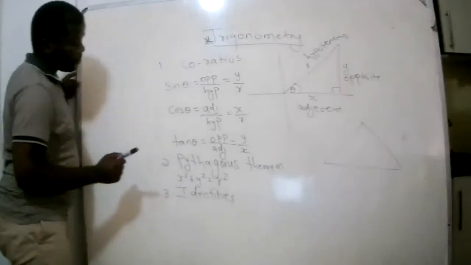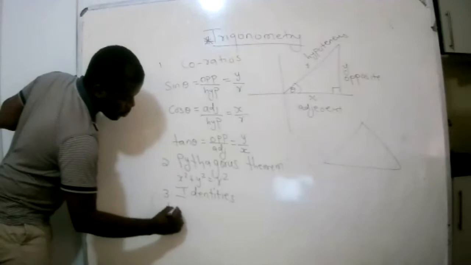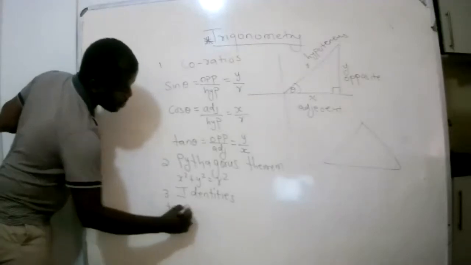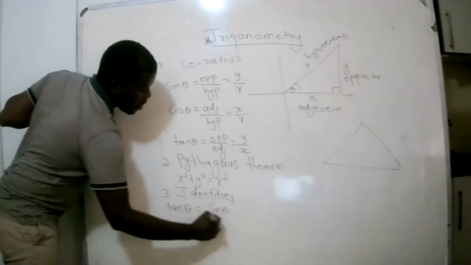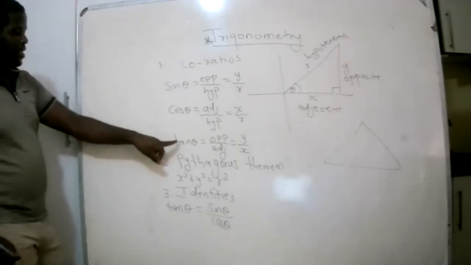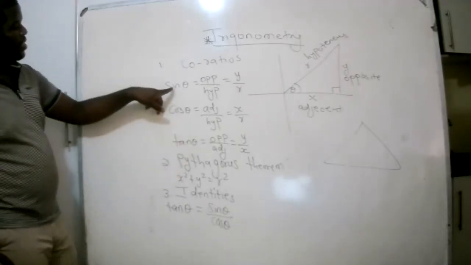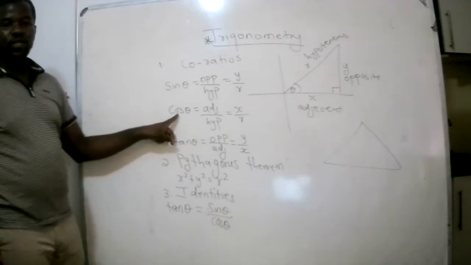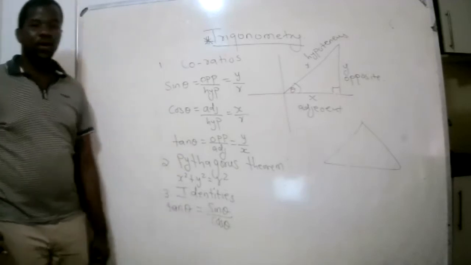The first identity which you must know is the identity of tan theta, which is equal to sine theta divided by cos theta. So in other words, this tan theta is the same as dividing sine theta by cos theta.